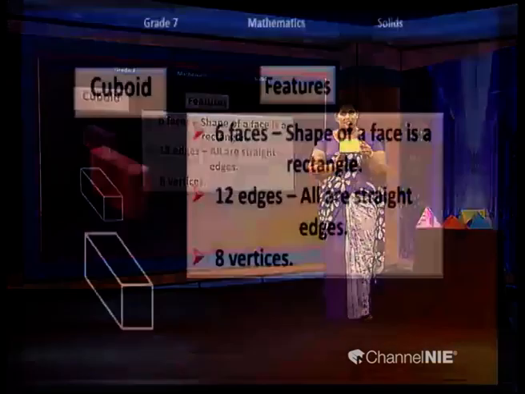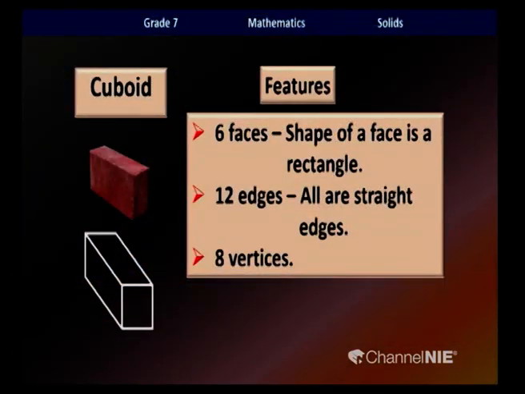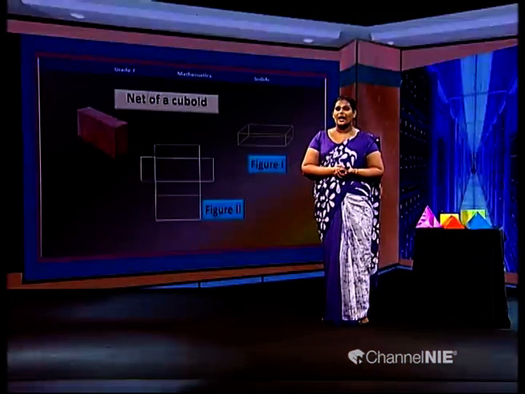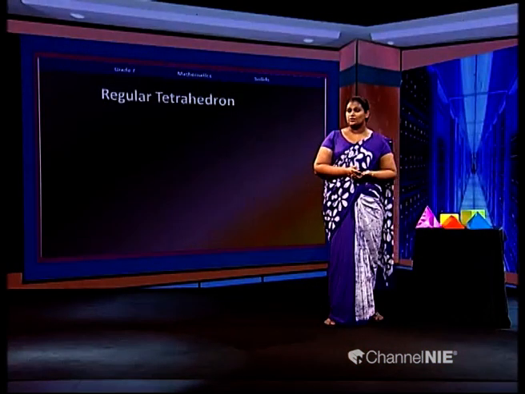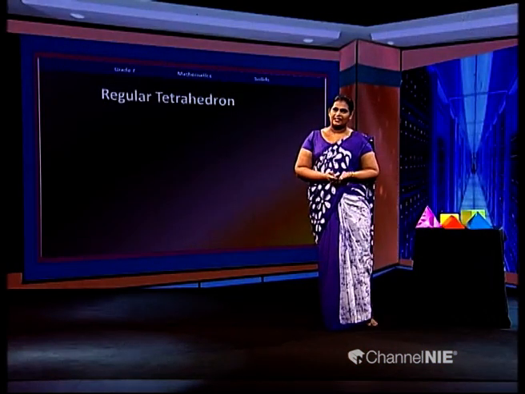It is a rectangular shaped face and all the edges are straight edges. Then we have discussed the net of a cuboid. In figure 2, I have presented the net of a cuboid that you have used to make a cuboid in grade 6.